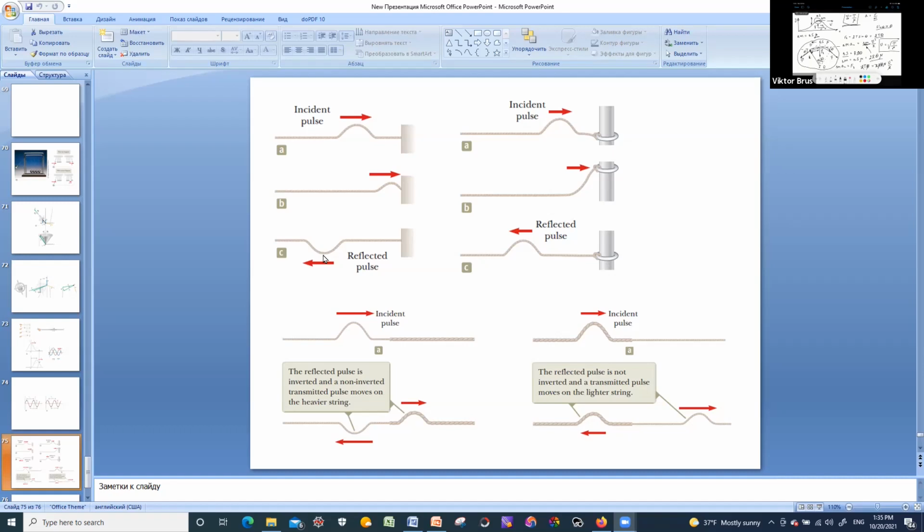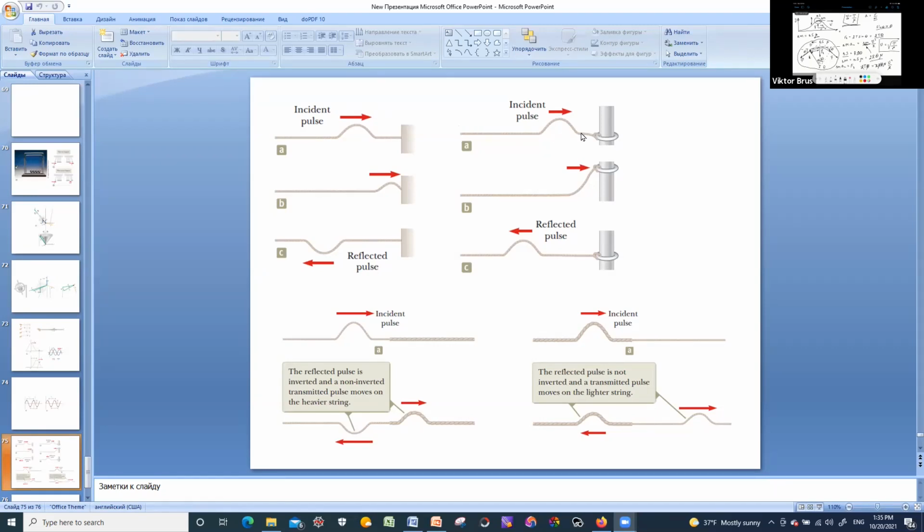So that is not always the case, because the edge of the string may be attached freely, so it can move up and down. For instance, a model is some light ring around some metal pipe.